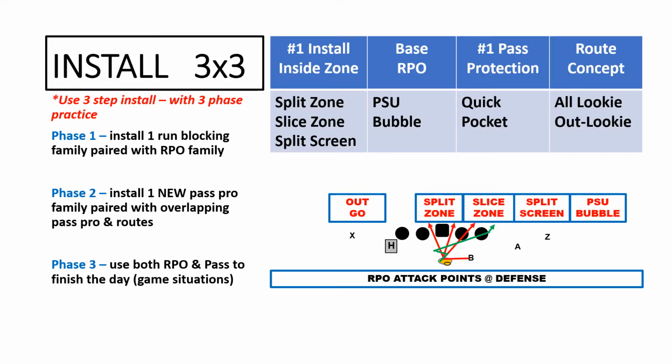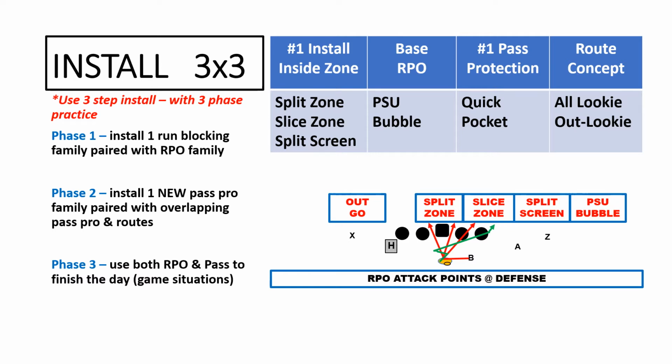All right, with our install, we like to use what we call a 3x3 install and phase in practice. So here we're focusing on split zone, PSU bubble, then the split screen, and then we get into these quick now passes. What we'll do then to compartmentalize the learning and simplify it is the first part of practice, first third, we're just going to run RPOs here.